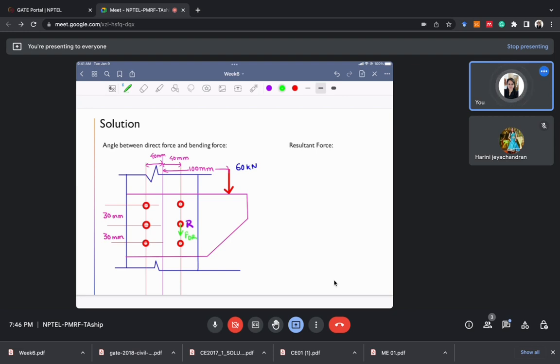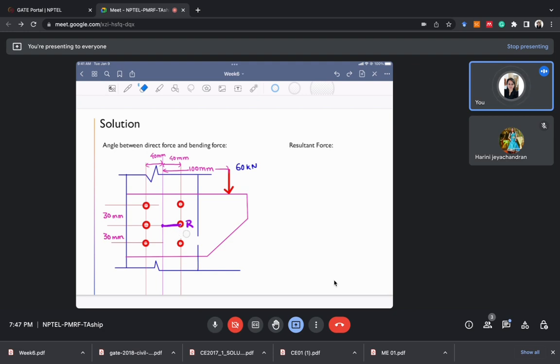What are the two criteria for writing the force due to the bending moment? The first criterion is it should be perpendicular to the line joining the CG of the bolts and that bolt. Let me remove FDR for a moment.